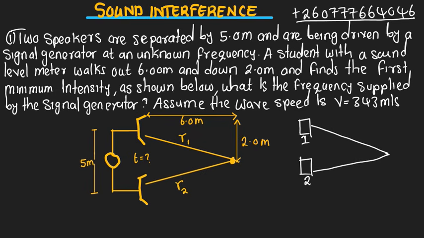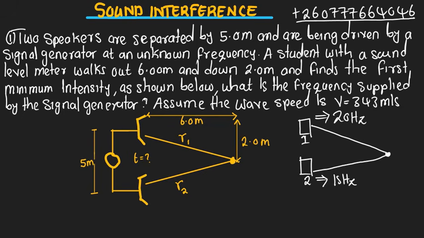Now if this speaker is producing a sound at a frequency of, let's say, 20 hertz, and this speaker is producing a sound at a frequency of, let's say, 15 hertz, you also understand that because the frequencies are different, you'll be listening to a sound that cancels out at some point.